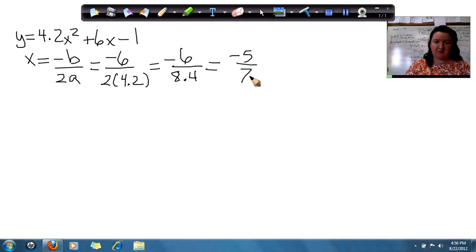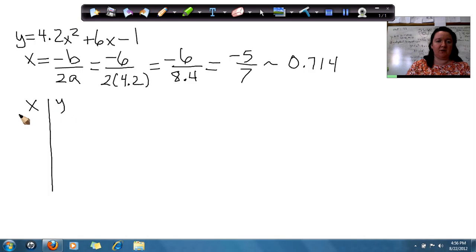I'm actually going to keep it as a fraction, but it is approximately equal to 0.714. So we're going to keep the negative 5 over 7 because we need to plug it into our table to figure out our y values.